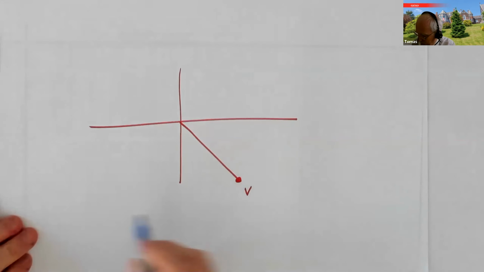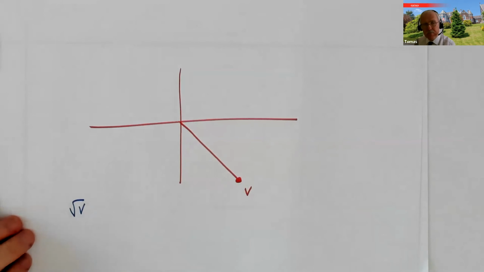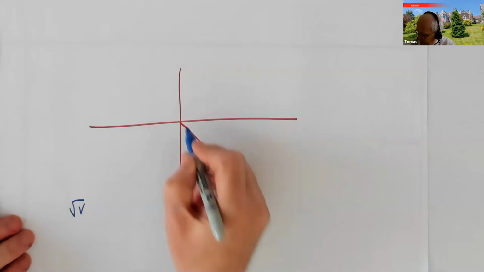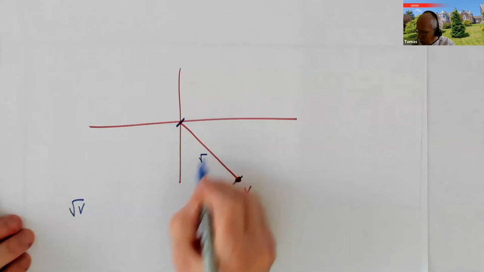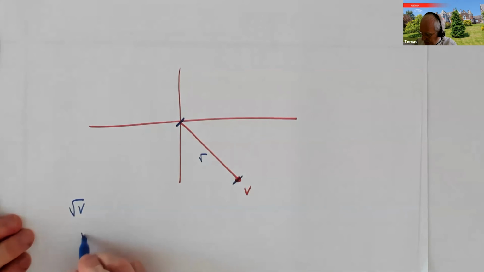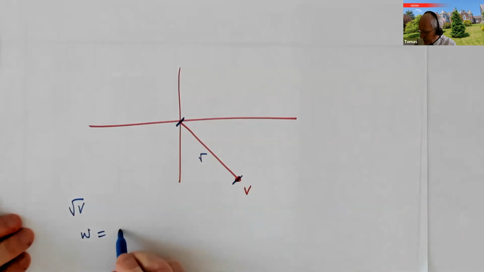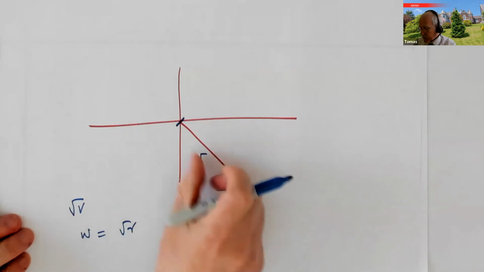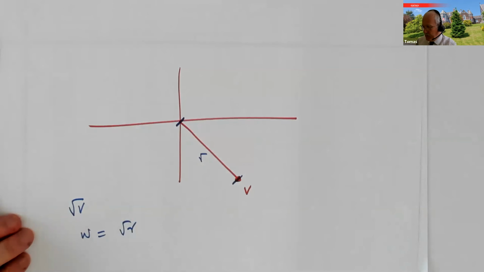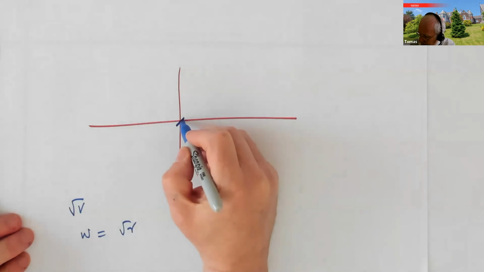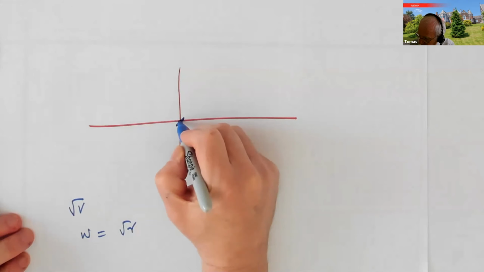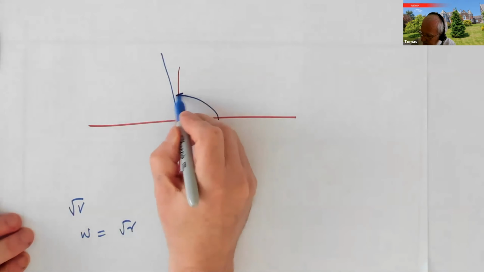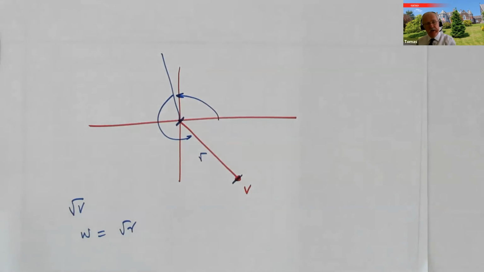So basically we want the square root of v. Well, whatever the length is, let's say that was r, the w, if it's the square root of it, will be the square root of r. So it'll only go out half that, or the square root of that amount. And what will the angles be? Well, you'll probably find that the angles are half the original angle from 0. Okay, or something like that.